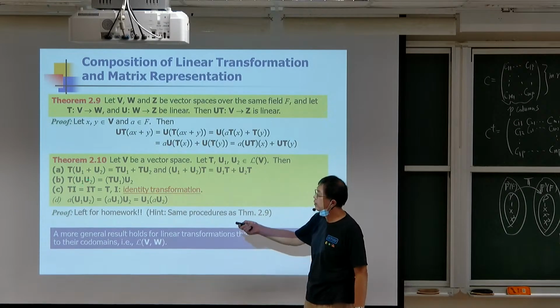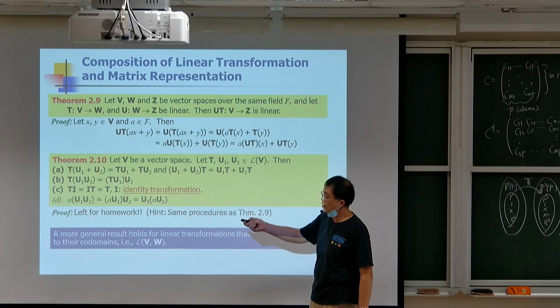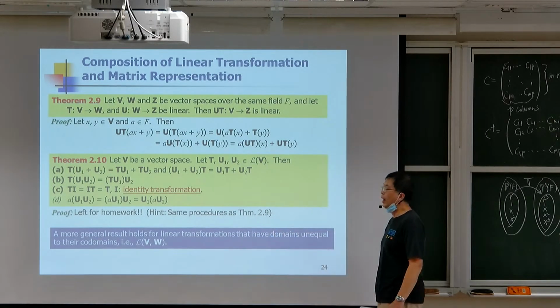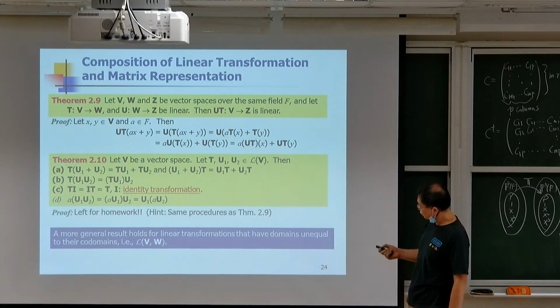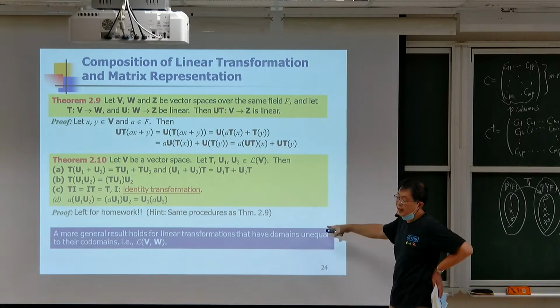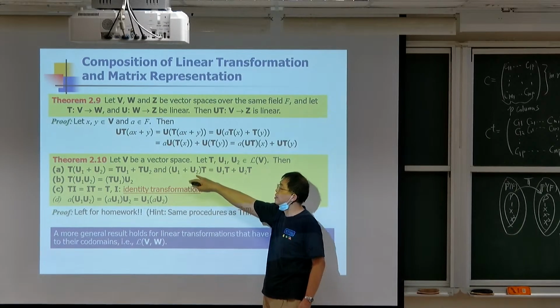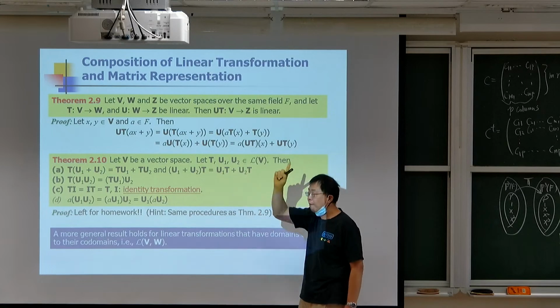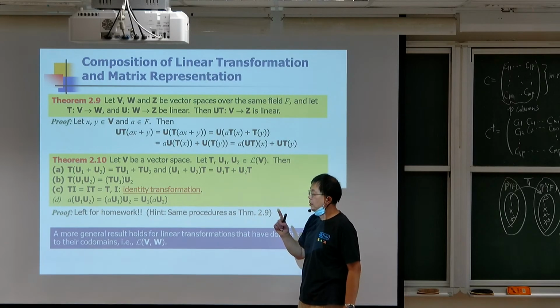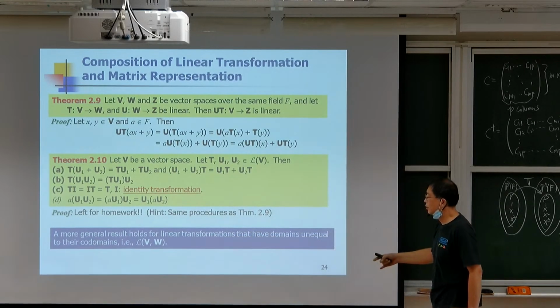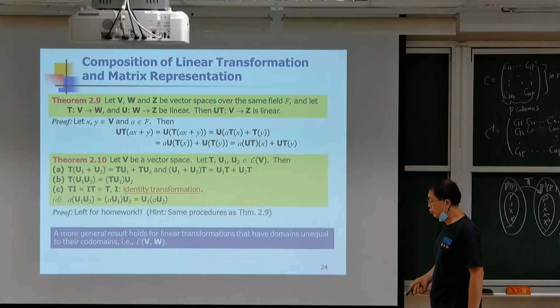If you take the matrix representation of T as A matrix, U1, U2 as B and C matrix, you can find they are all identical. Just as I mentioned, in theorem 2.10 we only discuss one vector space, but it has a more general result for different dimensions.